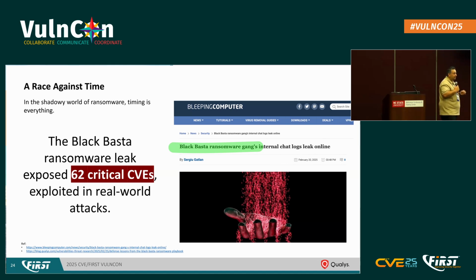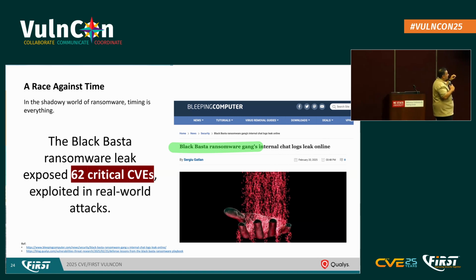The chat was similar to our Slack and Teams, where they were discussing mainly the day-to-day operation: how they take care of this, how they write the email, how to extort, how to send a phishing email. They had a lot of talk about different tax phishing and things like that.